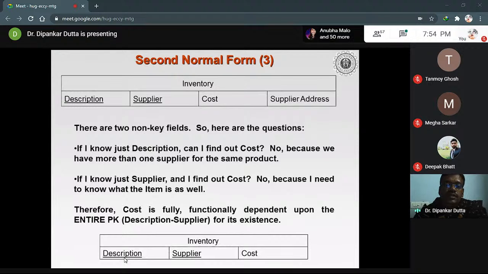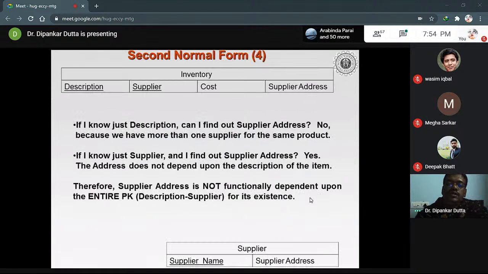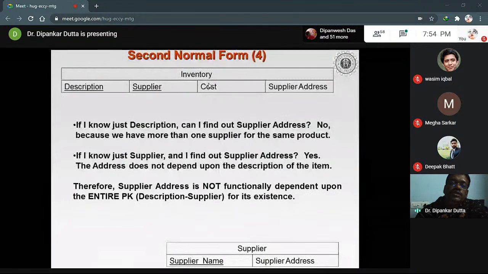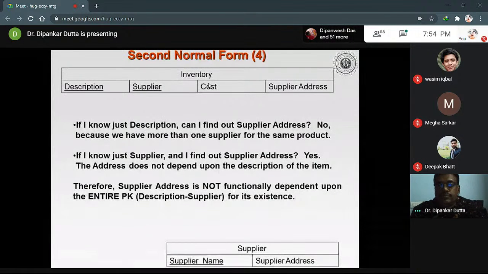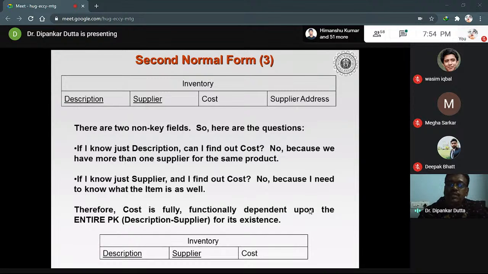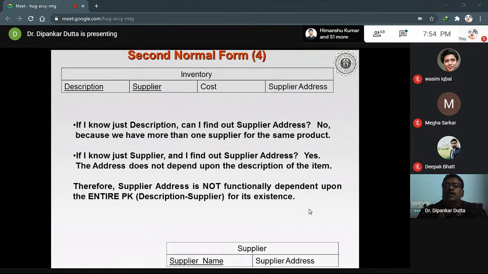In that table, there will be description, supplier, and cost, and another table, the supplier table, with supplier name and supplier address, to make it in second normal form. So this inventory table is not in second normal form, but these two tables, inventory table and supplier table, are in second normal form.